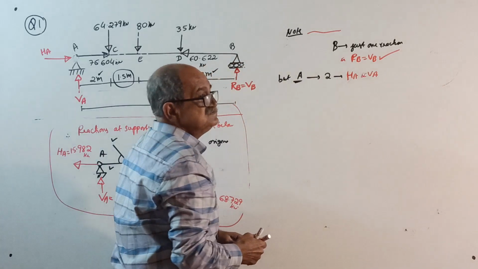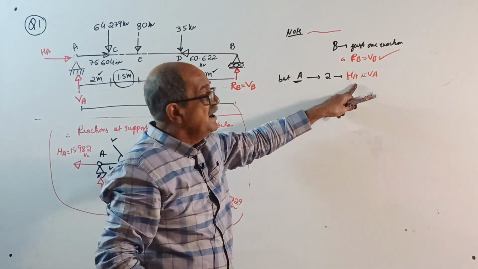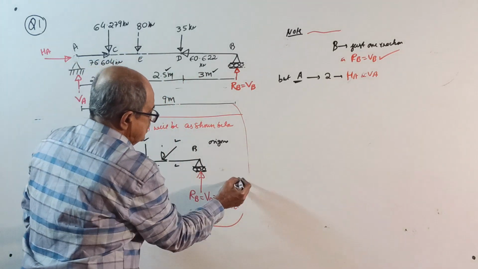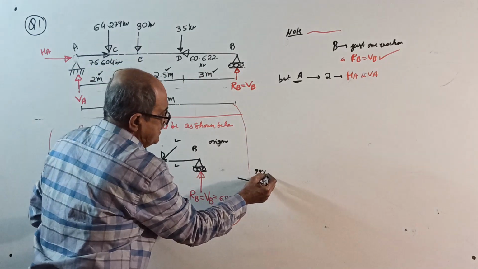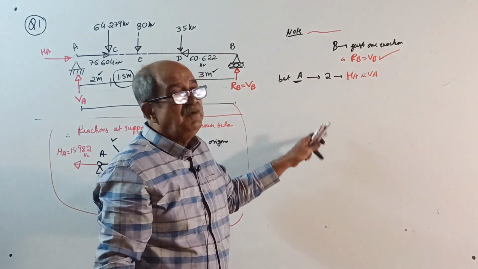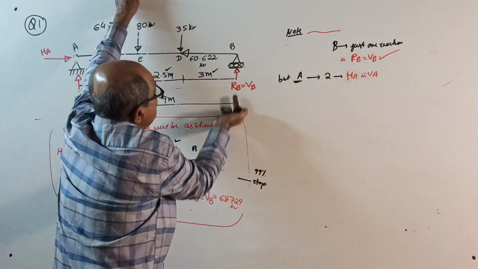We already got it. In some competitive examinations, if it is not required, this is the answer, stop here. Usually in 99% of cases, stop here. But in some competitive examinations, they will ask resultant reaction at A. Resultant reaction at B is RB only.